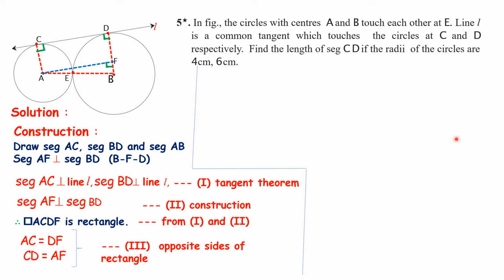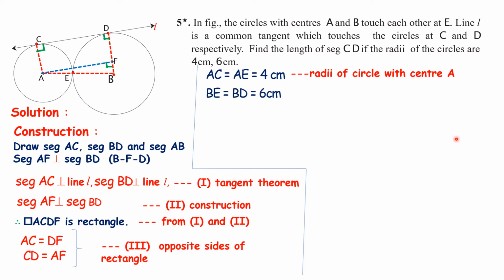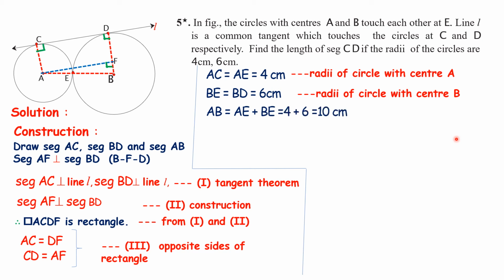AC is equal to AE is equal to 4 cm, radius of the circle with center A. Similarly, BD is equal to BE is equal to 6 cm, radius of the circle with center B. Here AB is equal to AE plus BE, 4 plus 6 is equal to 10 cm.